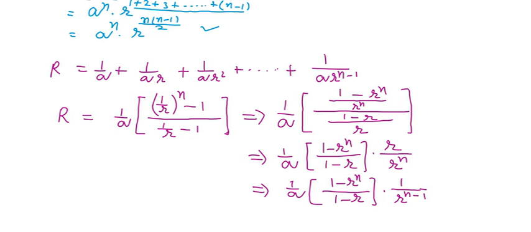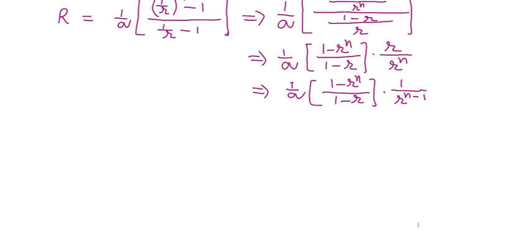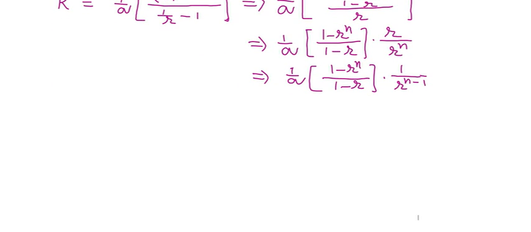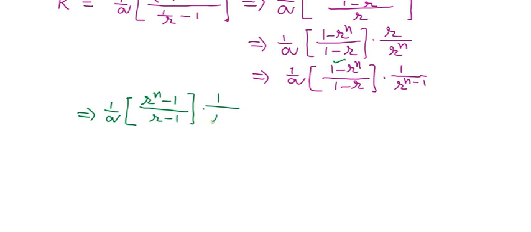See this step very clearly: this will equal 1 by a, and this term may be written as r raised to the power n minus 1 upon r minus 1, again into 1 upon r raised to the power n minus 1. This is the third relation.